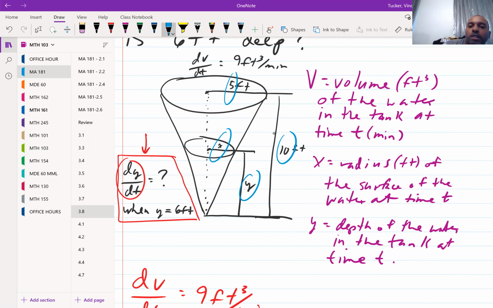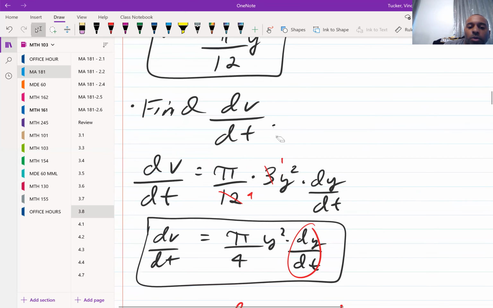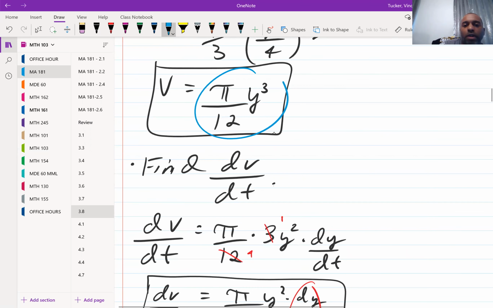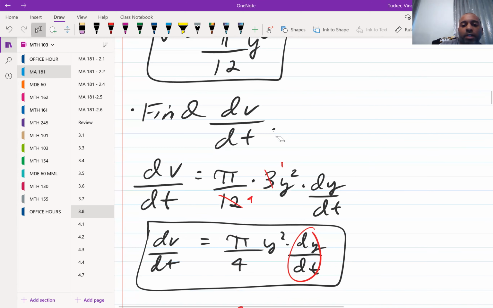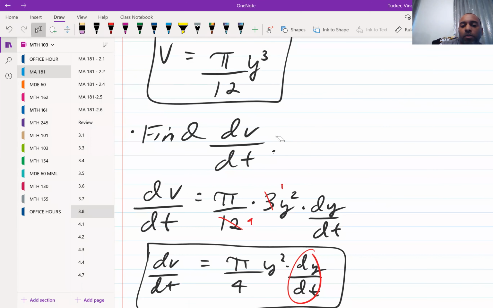So we find the derivative of V with respect to T, and we're talking about this V right here. So we have to do it implicitly. So we take the derivative of y cubed, which is bring your 3 down, and then that'll give you y squared, subtract 1 from the 2.